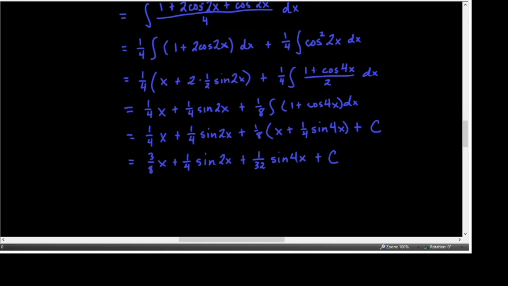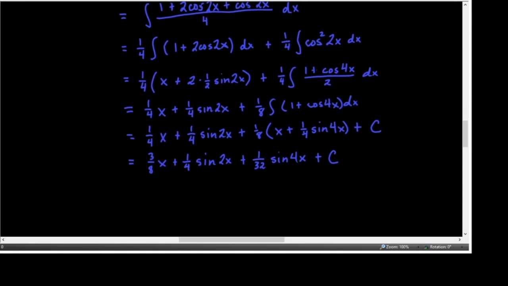Okay, so now if you'll turn to the page in your notes where it has guidelines for evaluating integrals involving powers of sine and cosine, you'll see number 1: if the power of sine is odd and positive, save one sine factor, convert the remaining factors to cosines, then expand and integrate.